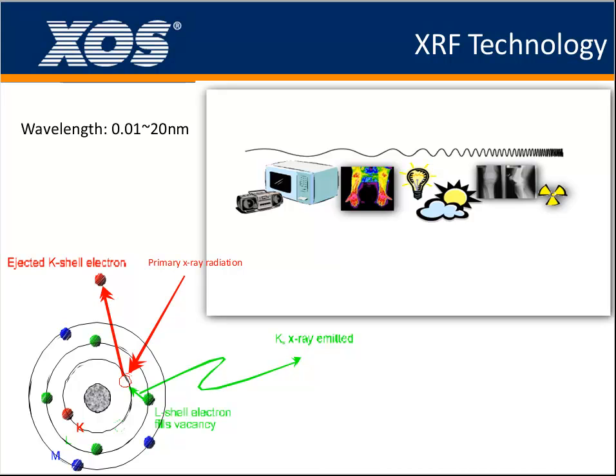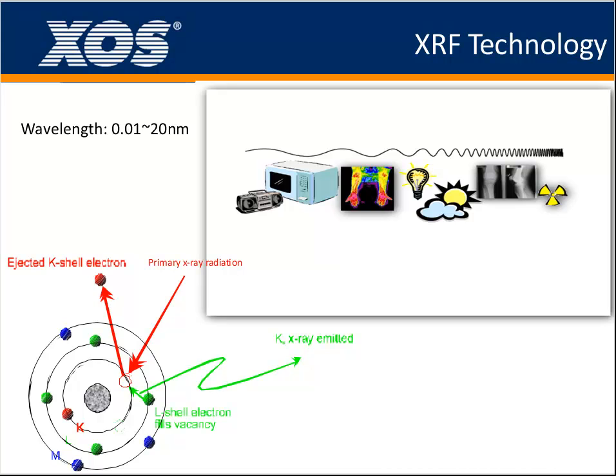So we can check the atom system. One primary X-ray is shining on the sample. There are many elements in one sample, and each element has atoms, and an inner electron of the atom will go out of the atom because the atom absorbs the primary X-ray radiation.